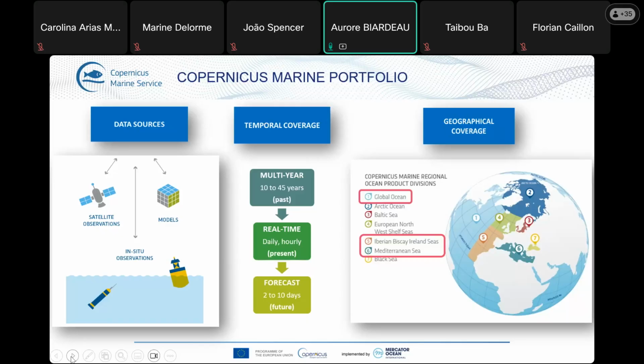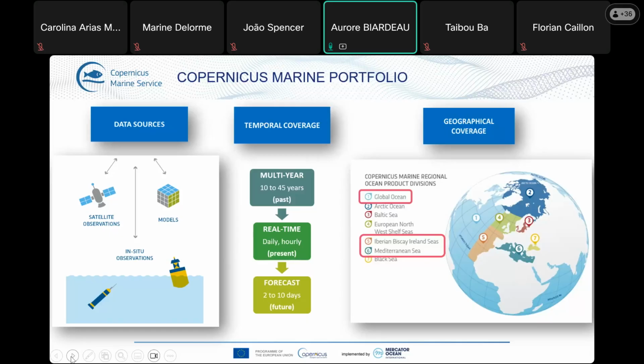So the data provided in the service can come from different sources that I just said: satellites, in situ, and models. This data can cover different temporal scales. So multi-year for the data in the past, near real-time for the data around the present, and also forecasts for the data in the future.